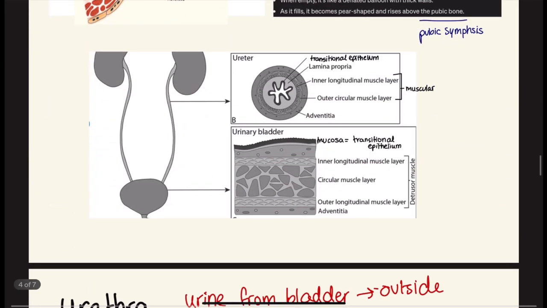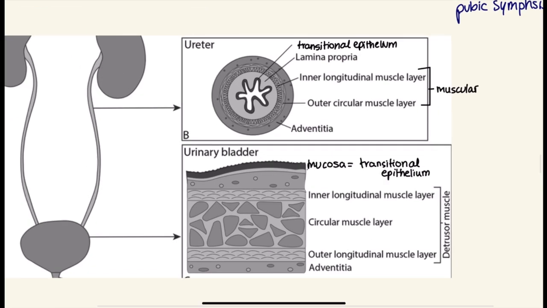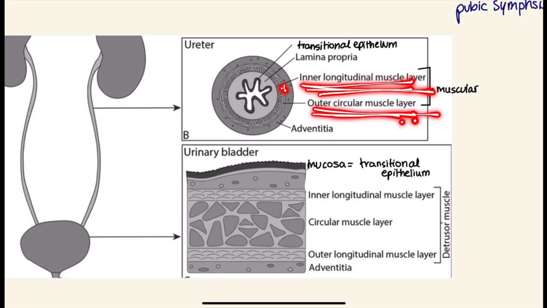Over here, you also have your transitional epithelium, which makes sense because our function is to hold the urine. And to hold the urine, these organs need to be able to extend, right? Okay, next thing we have over here is the muscular layer. The muscular layer here is composed of two things: the inner longitudinal muscle layer and the outer circular muscle layer.